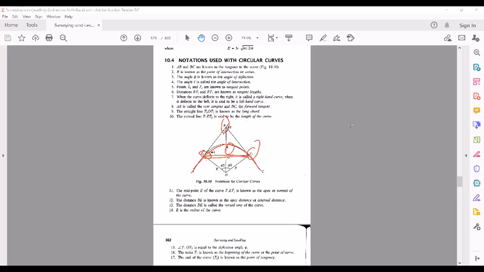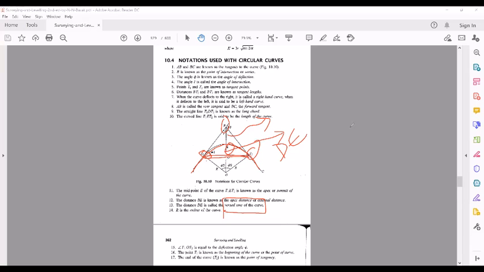The distance BE is known as the apex distance or external distance. And the distance DE is known as the versine of the curve. R is the radius of the curve as discussed.